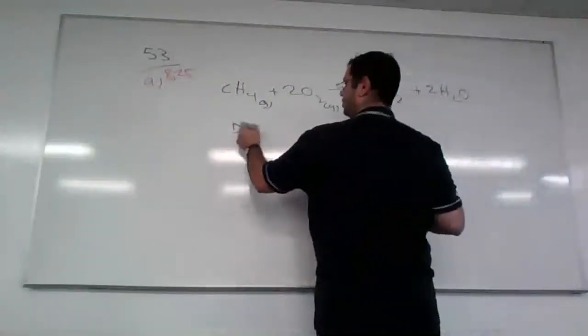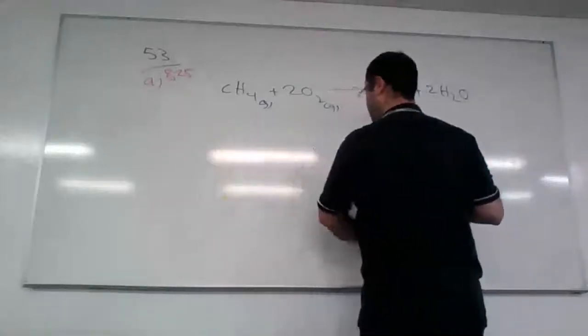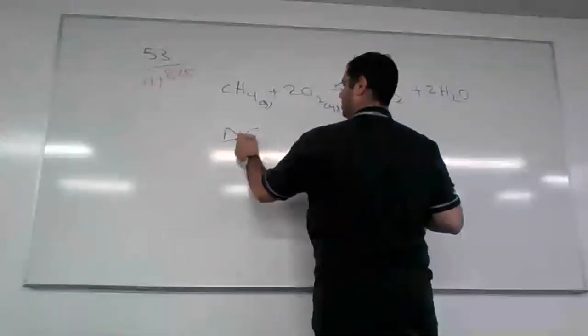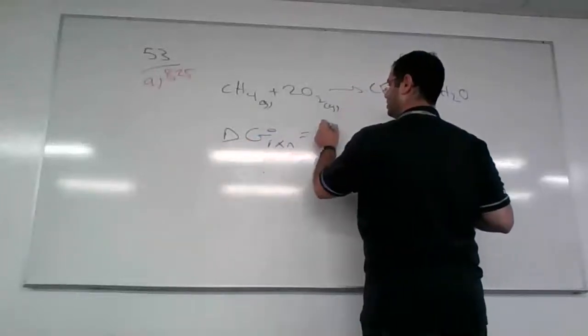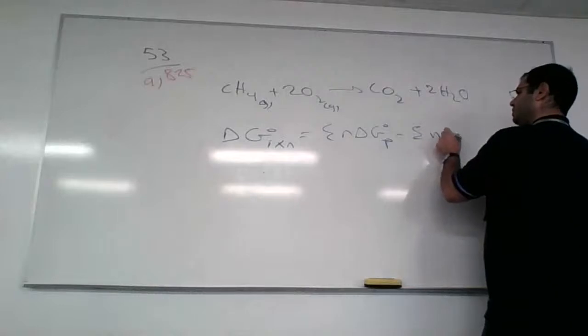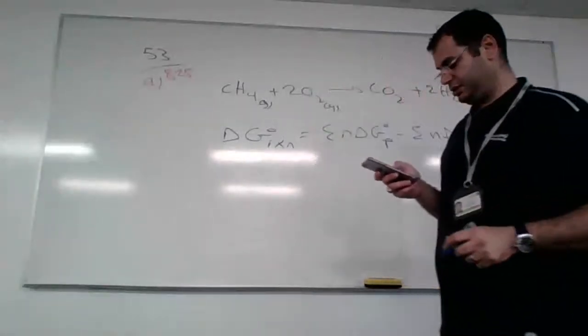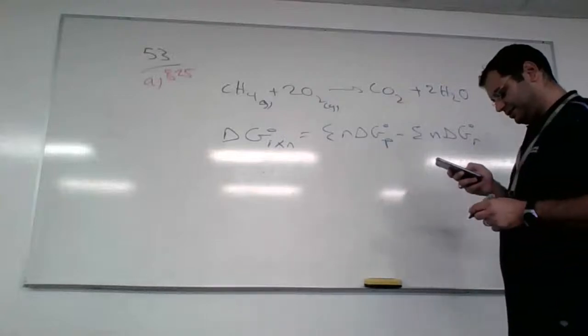So in here delta G naught is equal to the sum of n delta G naught for products minus the sum of n delta G naught for reactants. I know some of you are already done, but there's no harm in this.